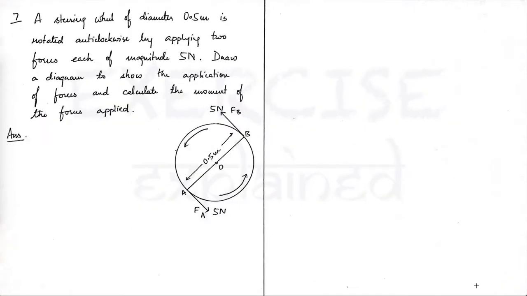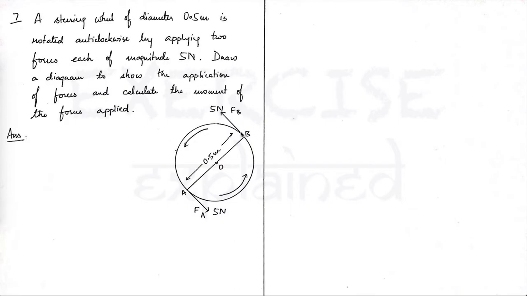Getting into the seventh question, exercise 1A, force, ICSE 10th. A steering wheel of diameter 0.5 meters. So the diameter of the steering wheel is given as 0.5 meter. You can see in the diagram here. Is rotated anti-clockwise by applying two forces, each of magnitude 5 newtons.